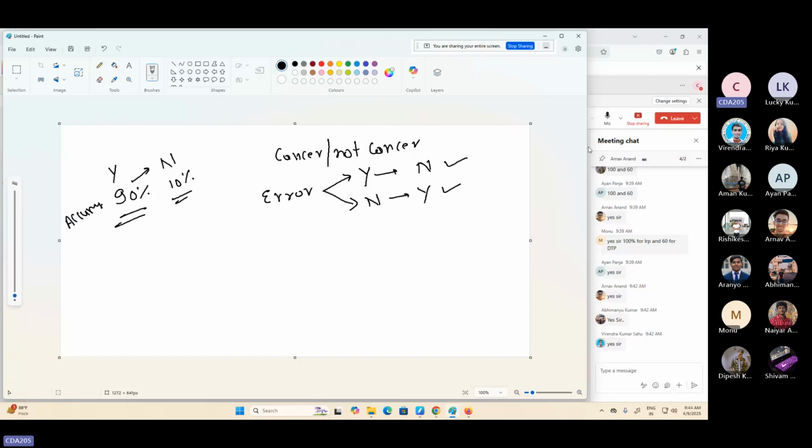Means which type of error it is. And the error is what? A model is predicting no for having the cancer and yes for not having the cancer. So this problem is solved by the confusion matrix.